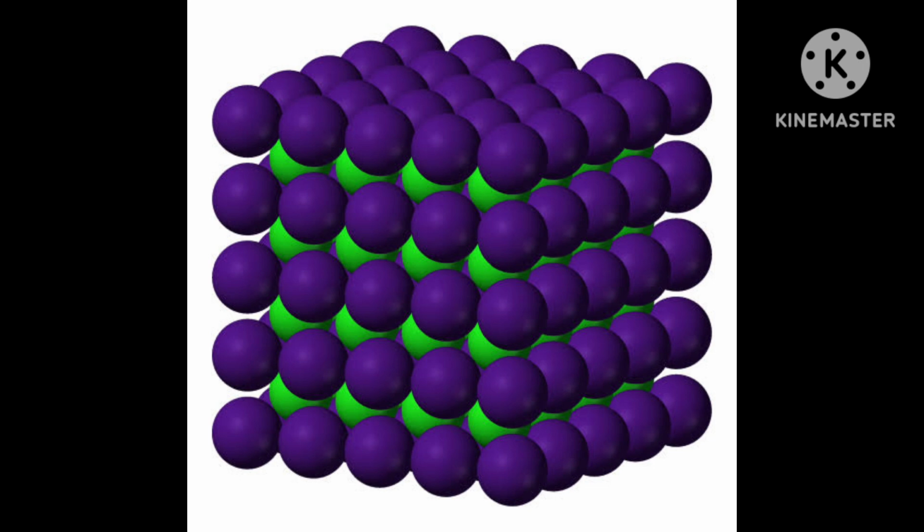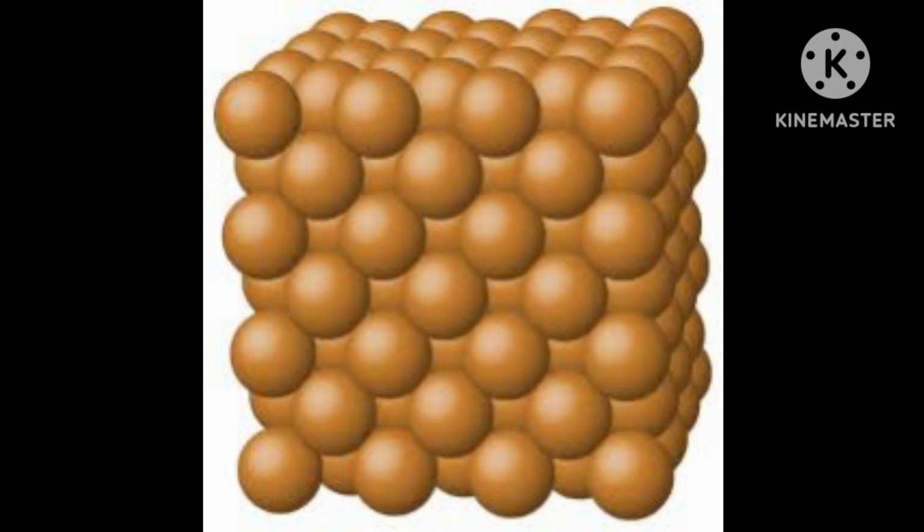Molecular solids are further subdivided into three: first, non-polar molecular solids, second, polar molecular solids, and third, hydrogen bonded molecular solids.